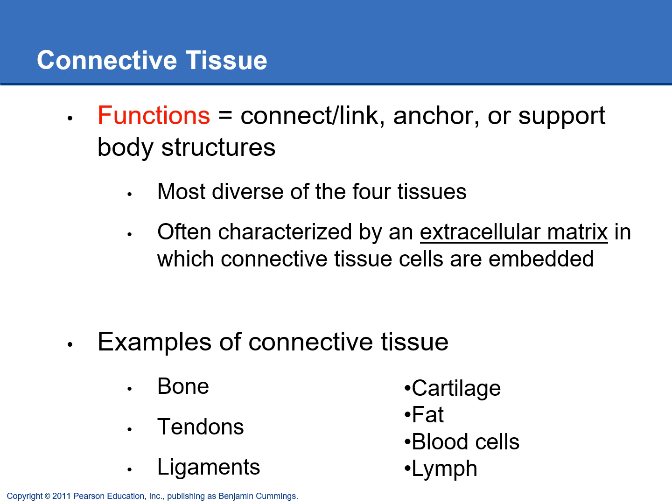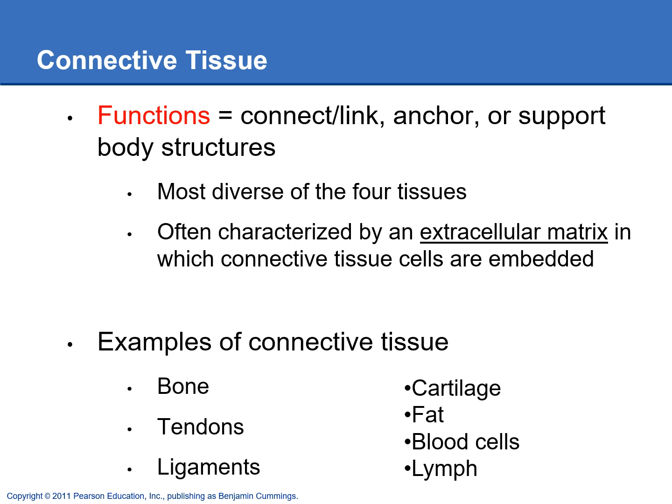So kind of a little bit of a broader definition here. And a lot of times connective tissue, you recognize it because there's an extracellular matrix. And this extracellular matrix is kind of a gel-like material, and it's made up of proteins and carbohydrates, and there's some water. And then the connective tissue cells are embedded in it.